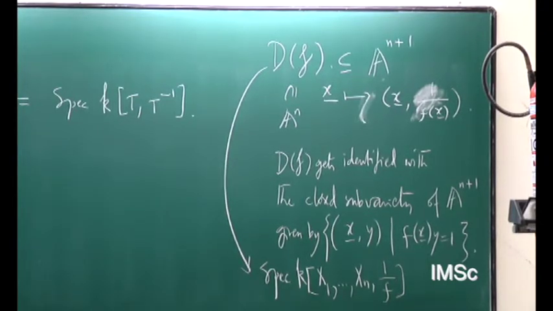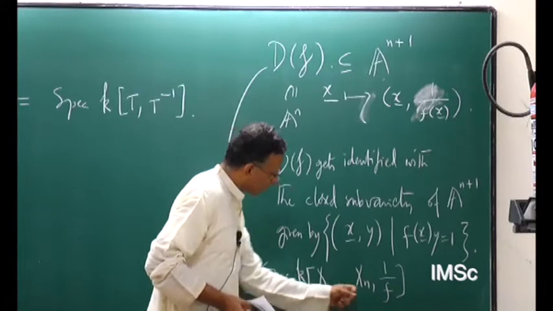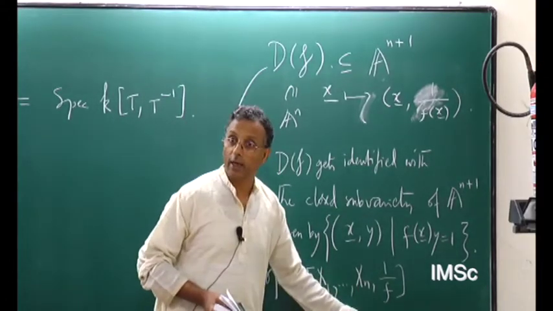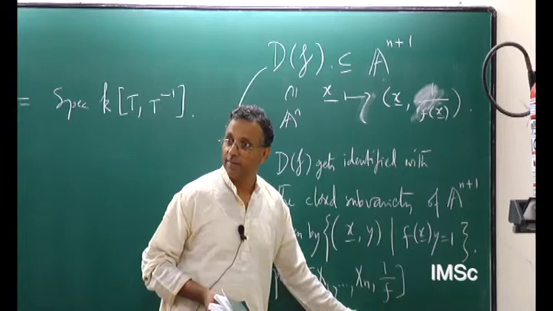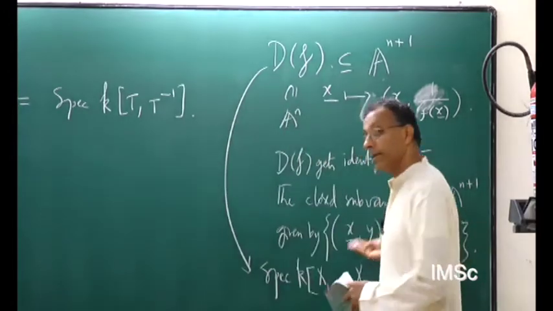You will take as many variables as there are generators of the algebra. By working through it, you will see that you can realize the spectrum as a subvariety of affine space of dimension equal to the number of variables you took. Here, of course, you would take n plus 1 variables, x1 through xn and one more extra y, and you would map y to 1 over f, and if you work through it, it is the same as this.